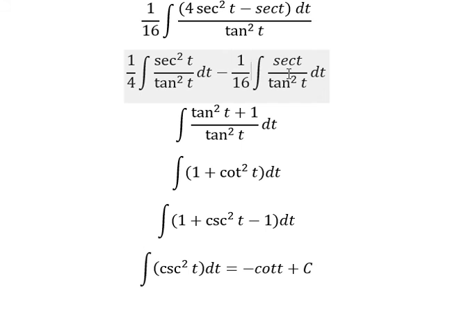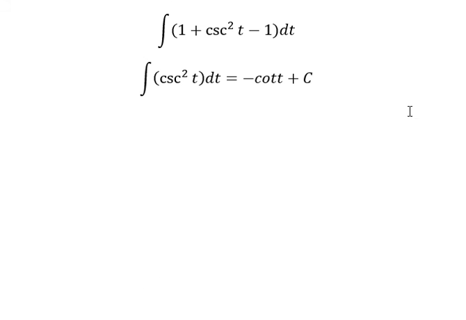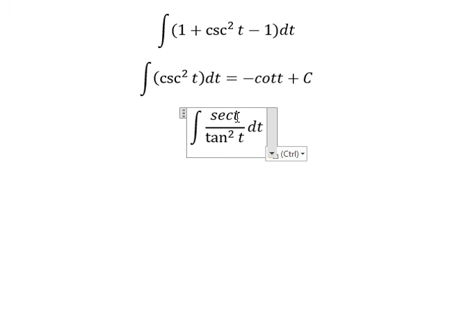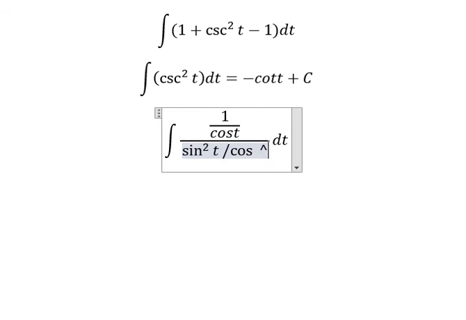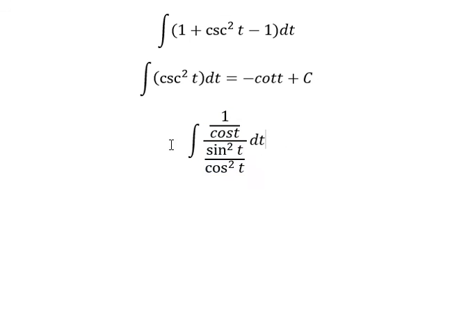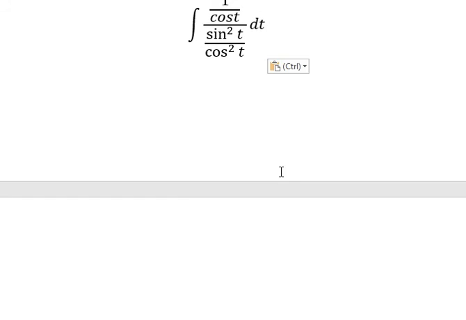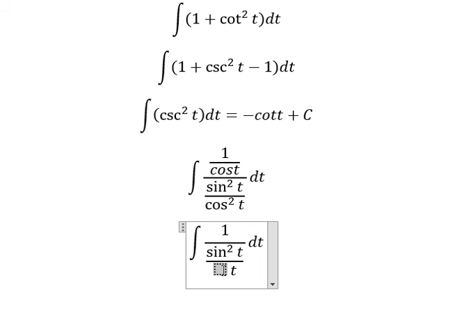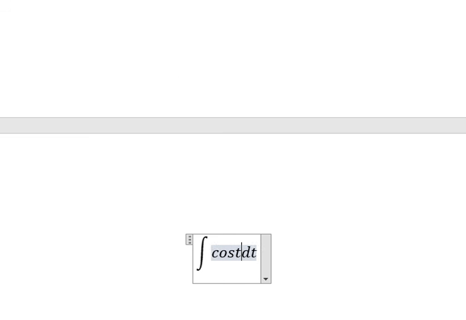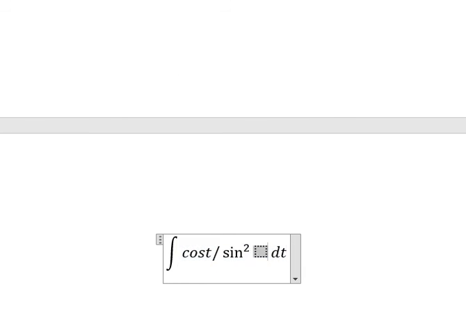Now we go to this one. We change secant of t into 1 over cosine t. Similar for this one. We simplify cosine t. And now, this one we can write as cosine t over sine t squared.